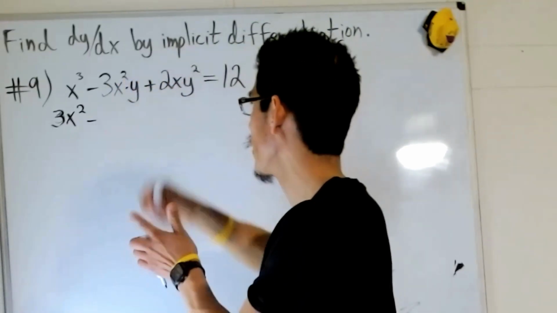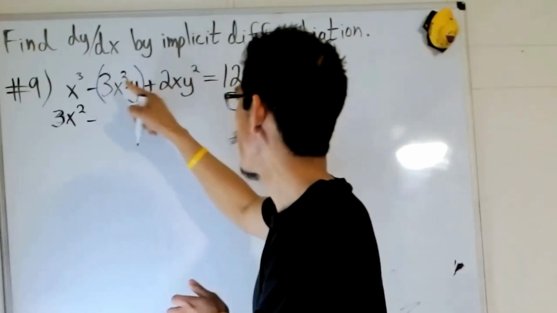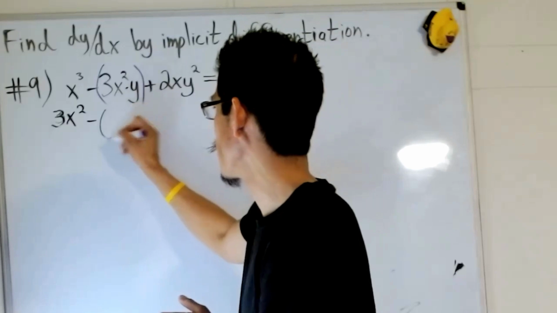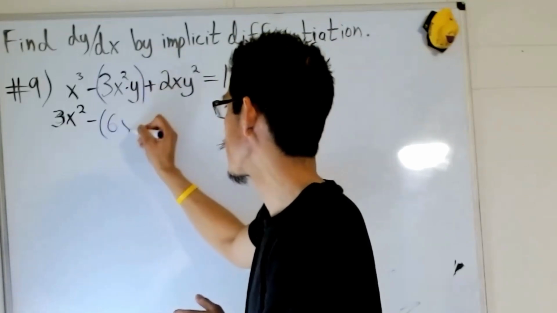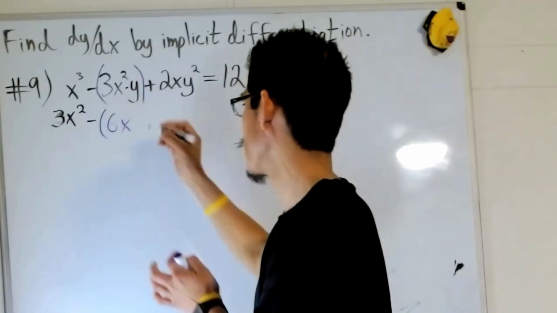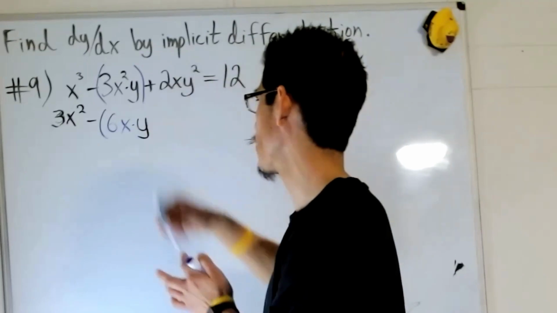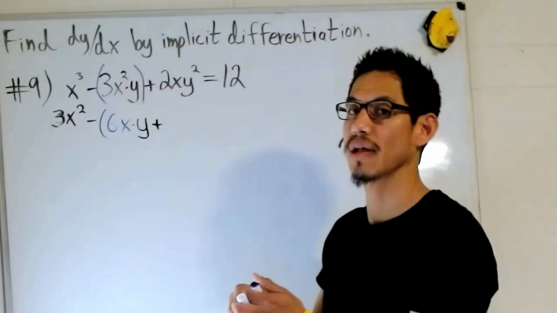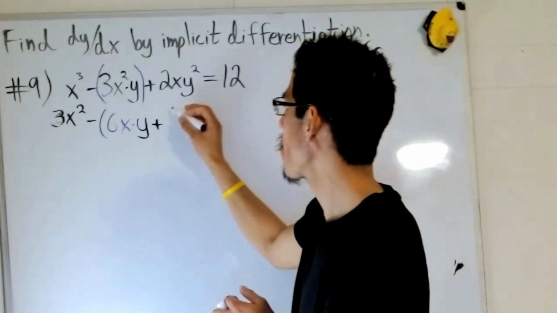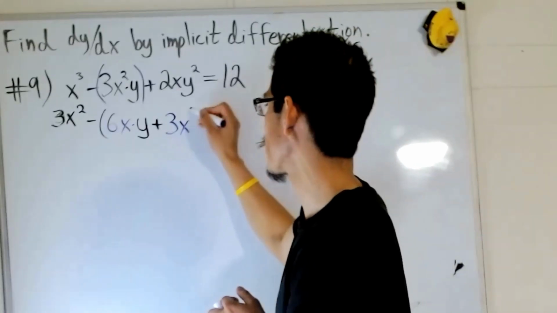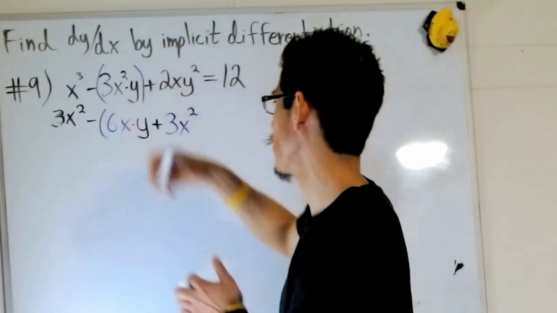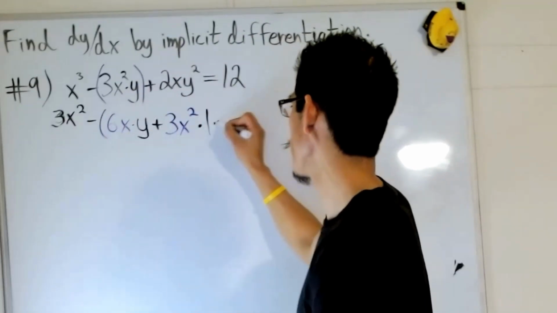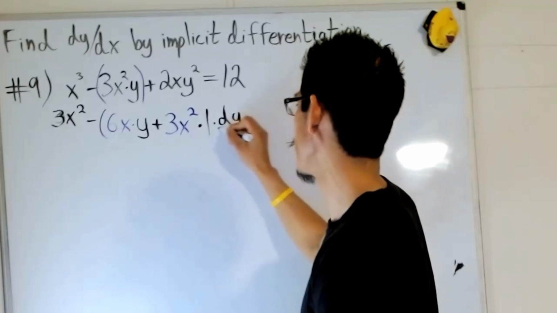So we're going to take the derivative of 3x squared first, which will be 6x, keeping the y as is. Then add this to 3x squared, keeping that as constant, and then we take the derivative of y, which is just 1. But here, we're going to also multiply by dy/dx.